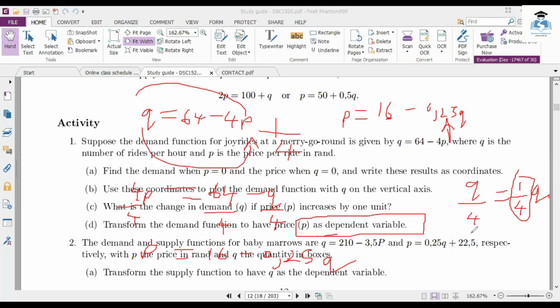Because now you're dividing a number with a number that has a variable on the side. This one is fine even if you leave it, because this is the same as this.